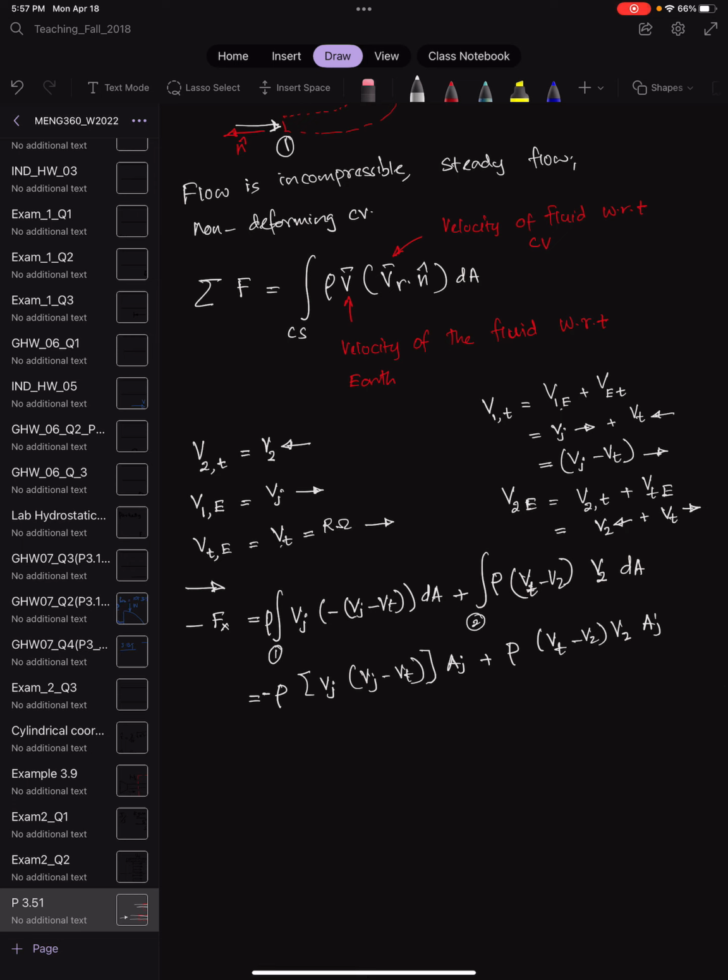Okay, now that's going to be negative fx. So I will name this my equation 2. The problem is that I don't know what V2 is.